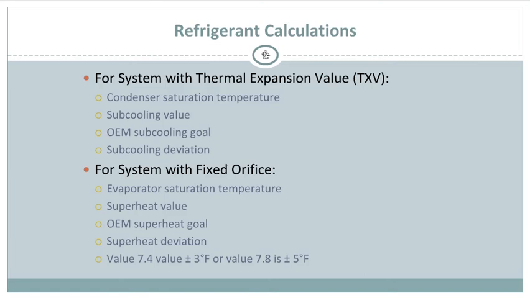Again, with the system with the fixed orifice, this is usually your half-ton equipment. They only come with one speed, that's all. Pretty much it's going to be the same thing. You've got the overheated system, the OEM. But again, these are all just calculations that are going to be done once a system is installed, and it has to be done by a certified refrigerant contractor.